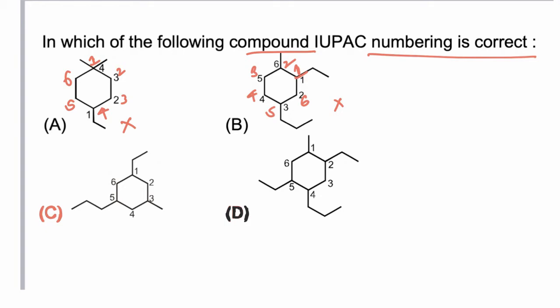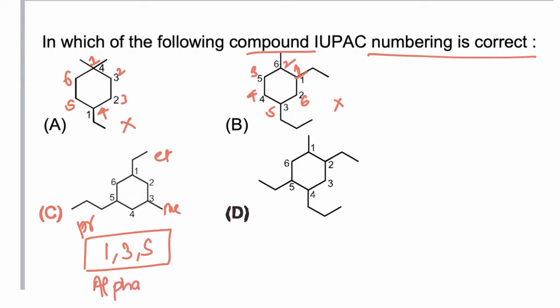Option C, we have a methyl group, an ethyl group and a propyl group. If we start from ethyl, methyl or propyl, then the set of locants is always 1, 3, 5. Then after the lowest set of locants rule, we have to use alphabetical order. So according to alphabetical order, ethyl is given higher priority over methyl and propyl.